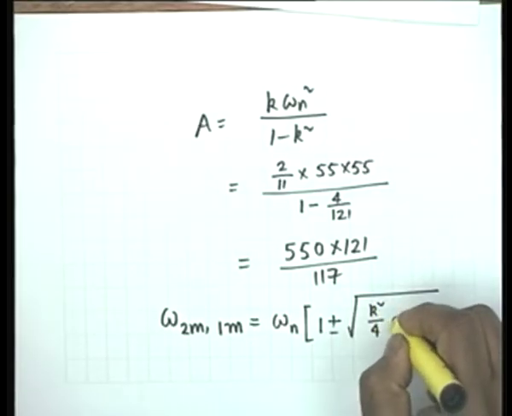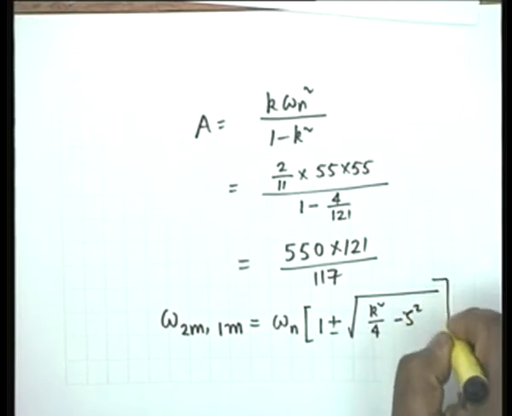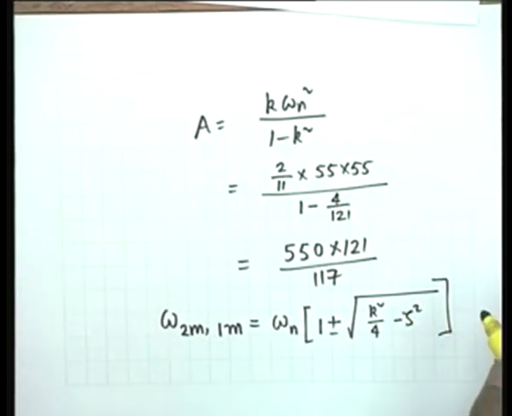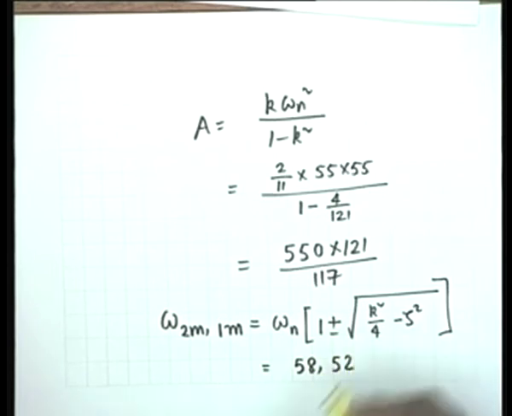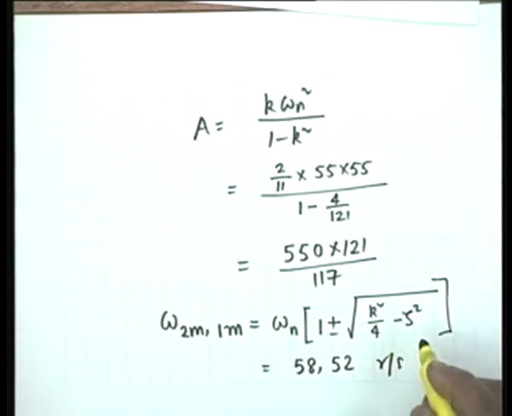The general value I derived yesterday. So if you substitute the values, my results come as 58 and 52. I didn't have to calculate the other one because of symmetry. Say 55 plus 3, so 55 minus 3 is 52. So many radians per second, of course.